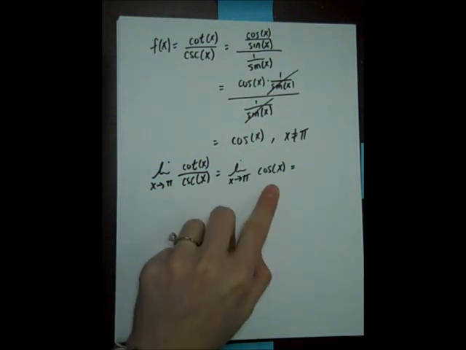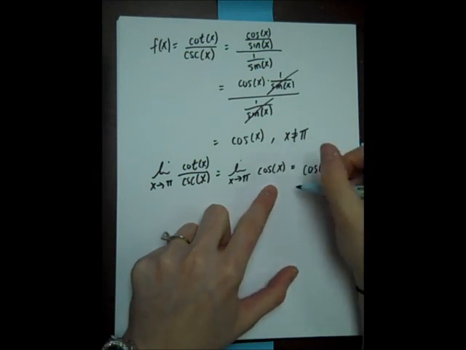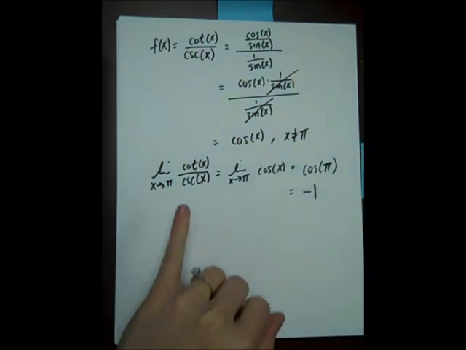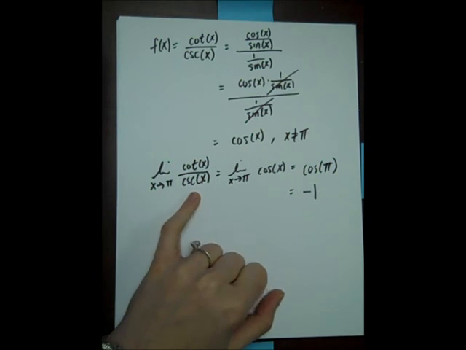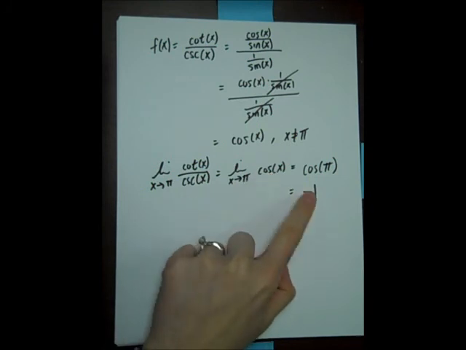I could just plug in pi here, so we'll get cosine of pi, and go to your unit circle for this. What is cosine of pi? You get -1. So by taking my original function, that was an indeterminate form, infinity over infinity, I was able to cancel, say that this is equivalent to cosine of x in the limits, and then I could plug in pi and get -1.